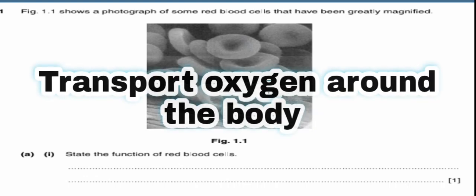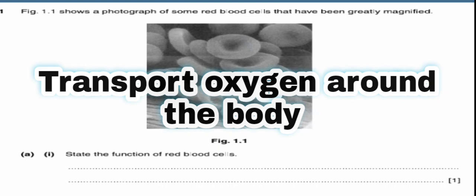It is saying, figure 1.1 shows a photograph of some red blood cells that have been greatly magnified. So we have question A, Roman numeral 1, saying, state the function of red blood cells. So the function of the red blood cells is to transport oxygen around the body.